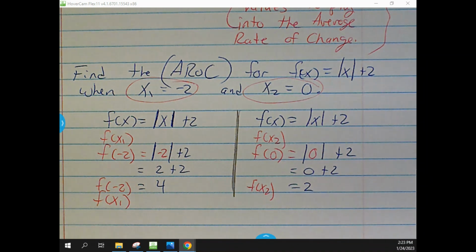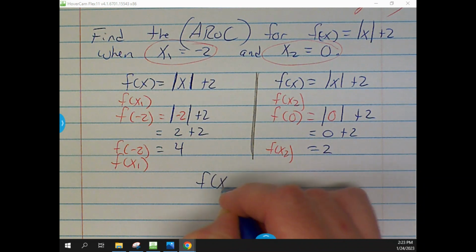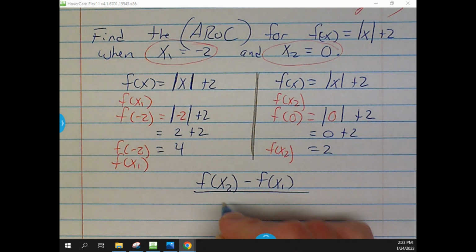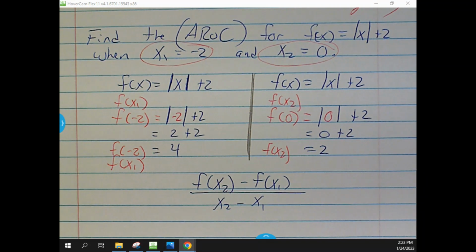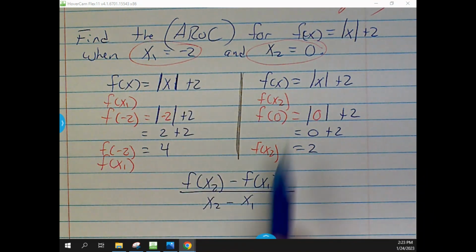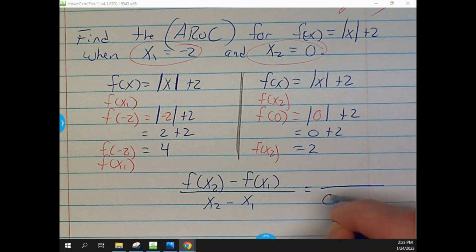So in our formula, it's f of x2 minus f of x1 over x2 minus x1. So we're going to go back and plug in these numbers. We already know that x1 is negative 2, x2 is 0. So 0 minus negative 2.